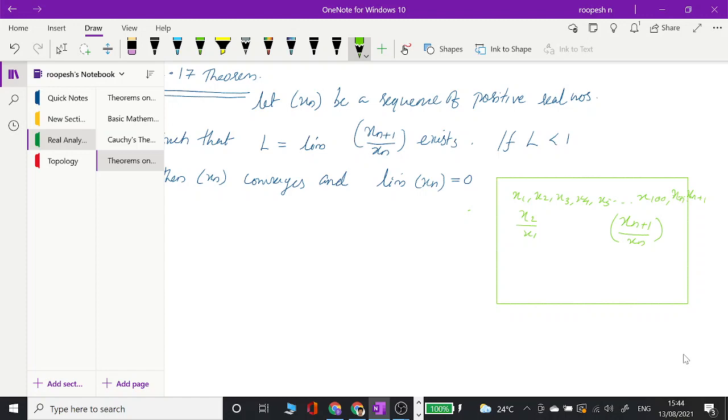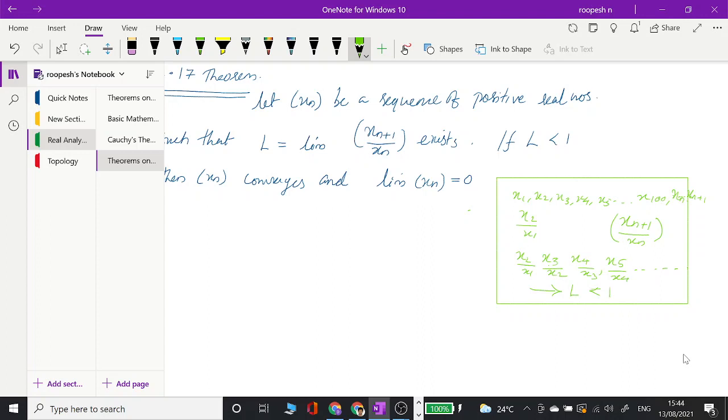Now this new sequence is defined for n equal to 1 onwards. So we will get first x2 by x1, second time x3 by x2, next time x4 by x3, next time x5 by x4, like that. Now suppose this sequence converges to L and the limit is less than 1.